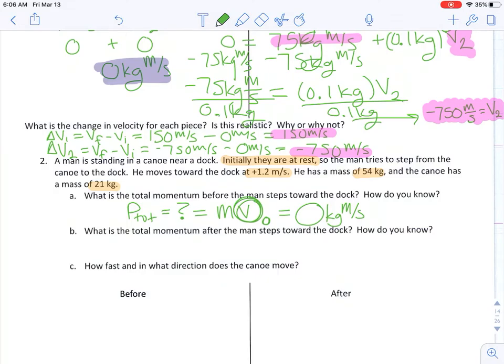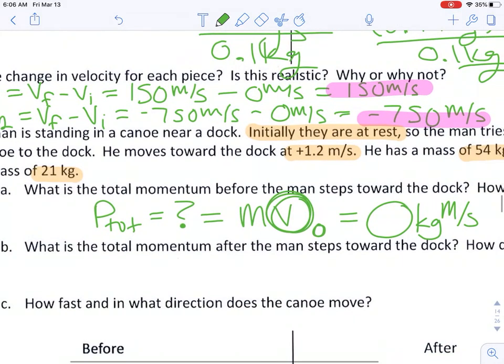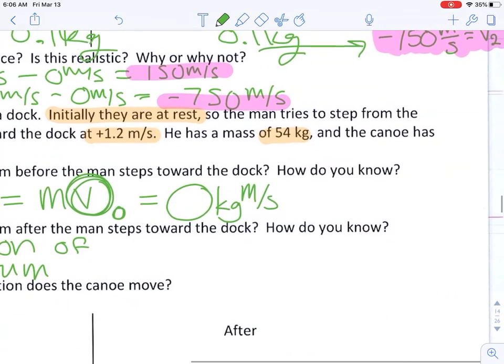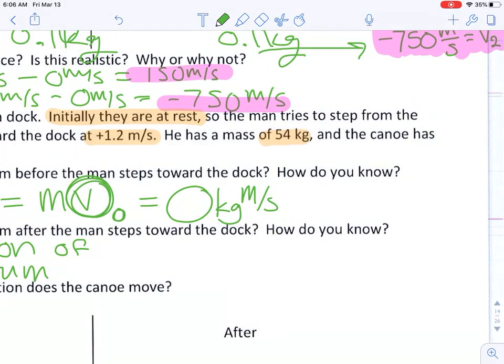All right. So then our next question is asking us, what is the total momentum after the man steps towards the dock, and how do we know? All right, this is asking us to talk about conservation of momentum. And that's what we've been using to solve all of these calculations for all of our different types of collisions, right?